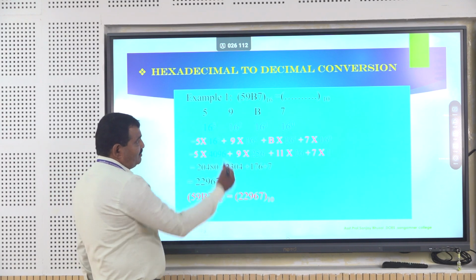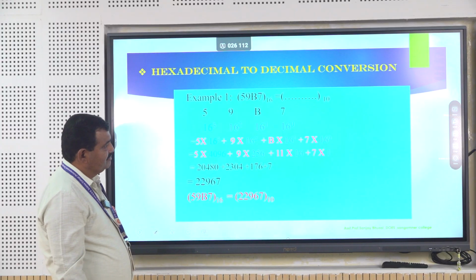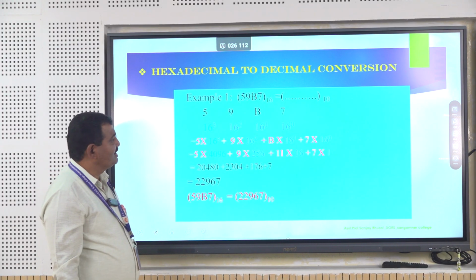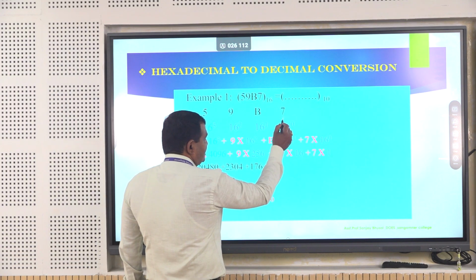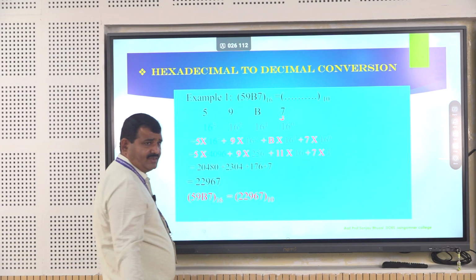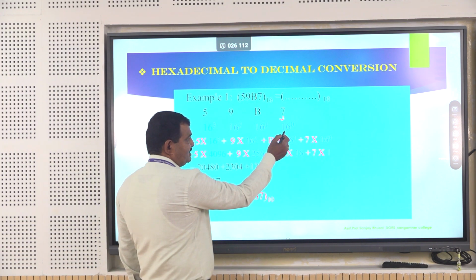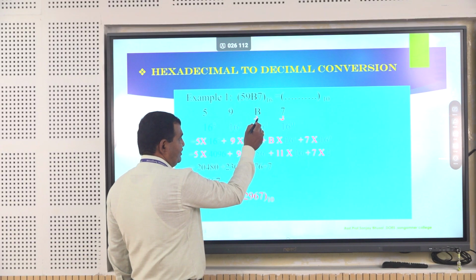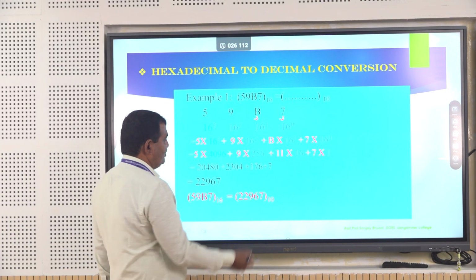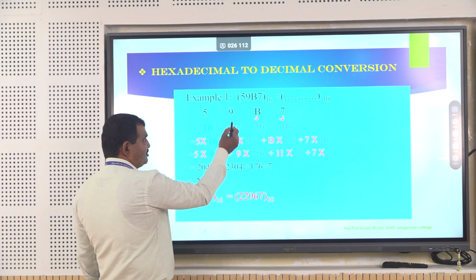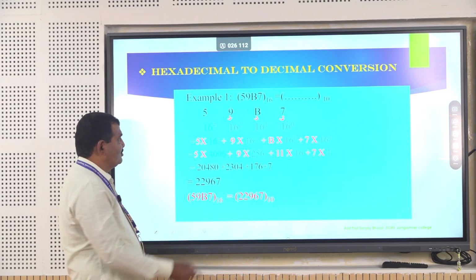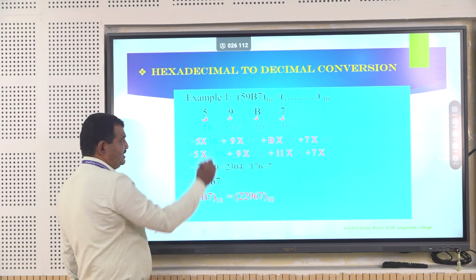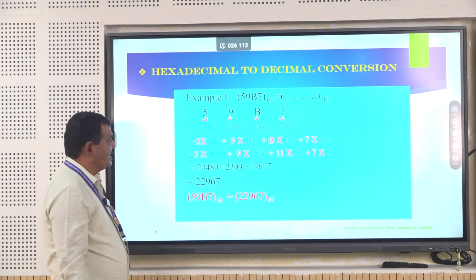First example is 59B7. This is the hex number. We have to convert this number into its equivalent decimal. For this 7, the positional weight is 16 raised to 0. This B, the second digit, has positional weight 16 raised to 1. This 9 has positional weight 16 raised to 2, and this 5 has positional value 16 raised to 3.